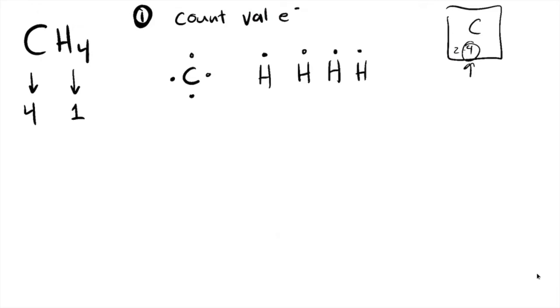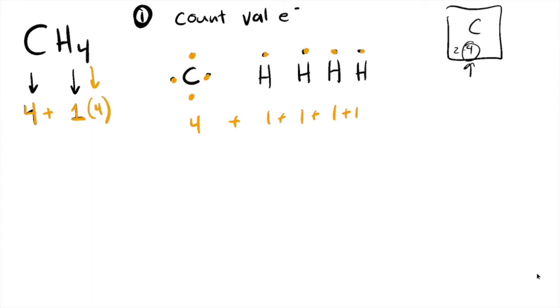Okay, and so you can do this a couple of ways. You can either do it as I have just drawn here and literally draw them out to get 4 plus 1 plus 1 plus 1 plus 1. Or you can do some math. You can take the number of valence electrons from carbon, add it to the number of valence electrons from hydrogen, but also multiply that by however many hydrogen atoms you have.